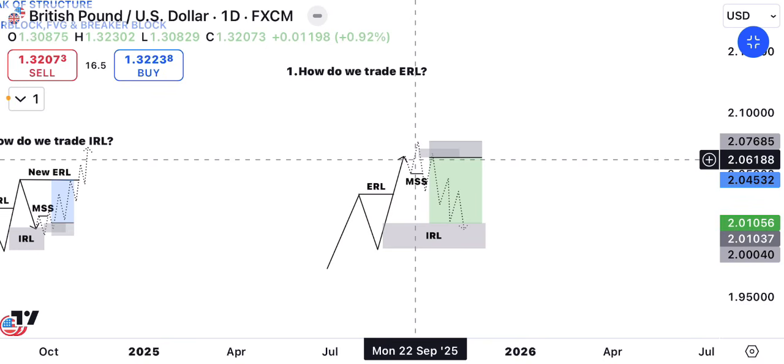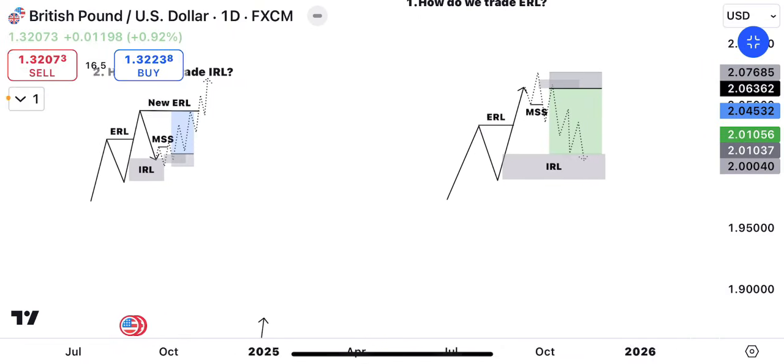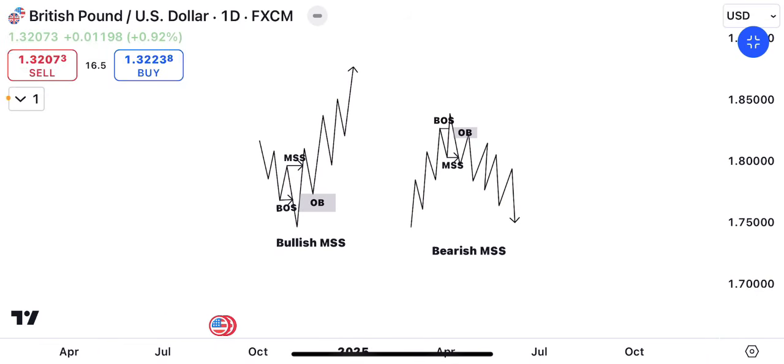I don't know how you guys identify it, but it's the same thing. First, what is a change of character, guys? I made a few examples of a change of character or a market structure shift.